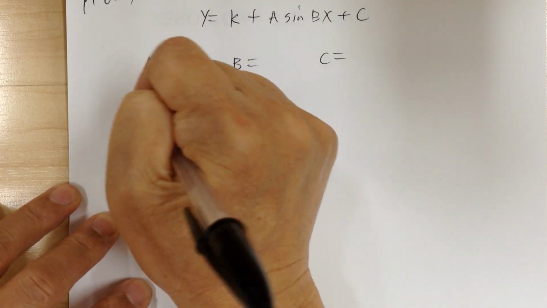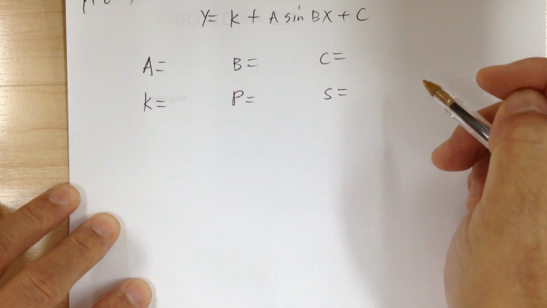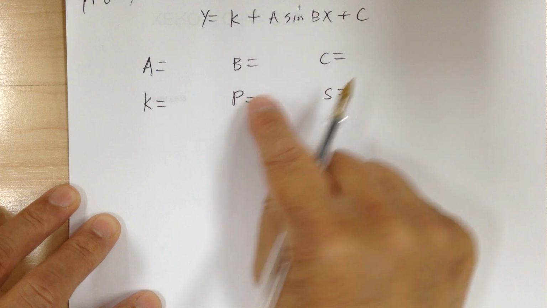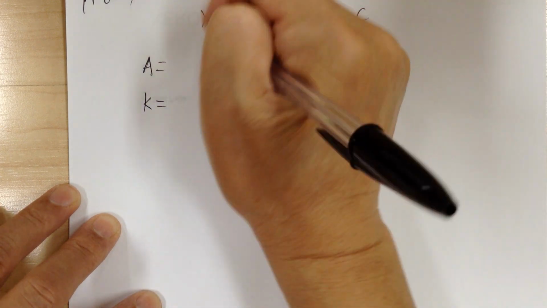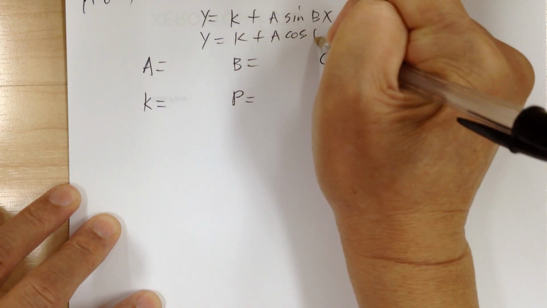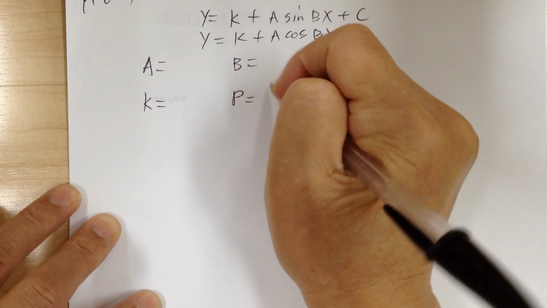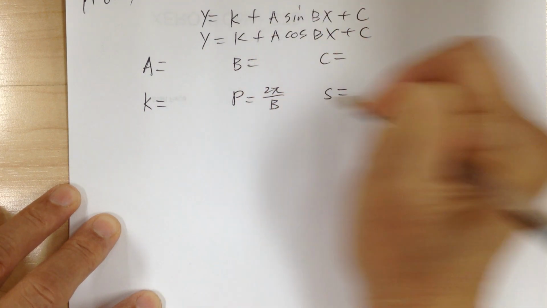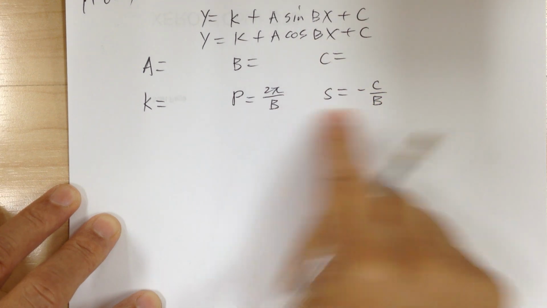Then you need to get the K. You need to get the period and the shift. The period for sine, and by the way also for cosine, y equals k plus a cosine of bx plus c, is 2 pi over b, and the shift is negative c over b.